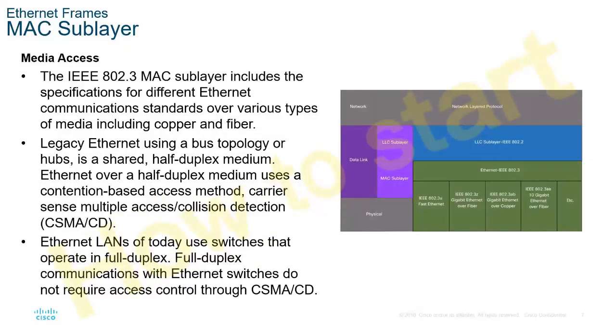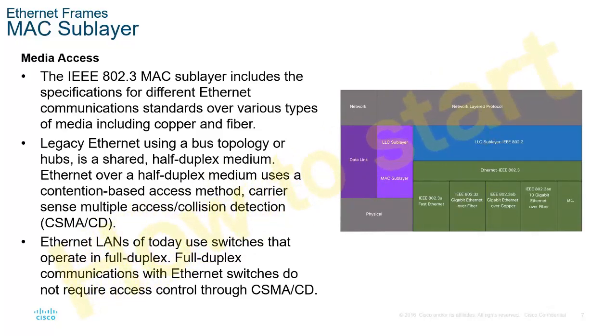So the media access control uses our physical addressing. But depending on the underlying physical connection, whether it's copper or fiber, it doesn't really matter all that much, because IEEE 802.3 is the overall MAC standard, and then we have certain subcategories of that, like 802.3u is Fast Ethernet, 802.3z is gigabit over fiber.